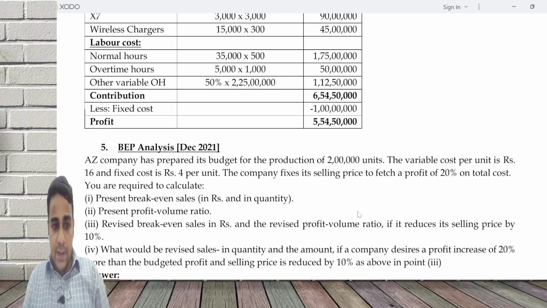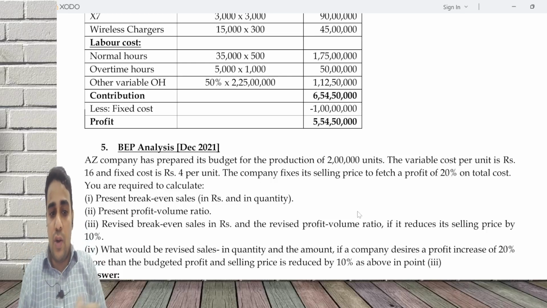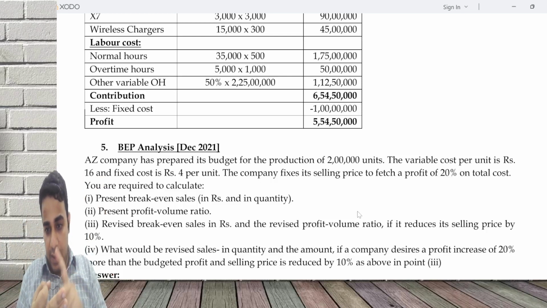Variable cost is 16, fixed cost is 4, and profit is 20% of total cost. Total cost is 16 plus 4. Find break even sales, PVR, revised break even sales, revised PVR. What should be the revised sales in quantity and amount?